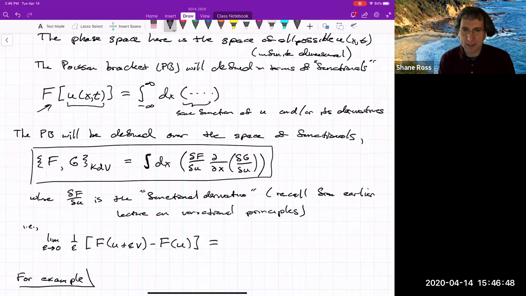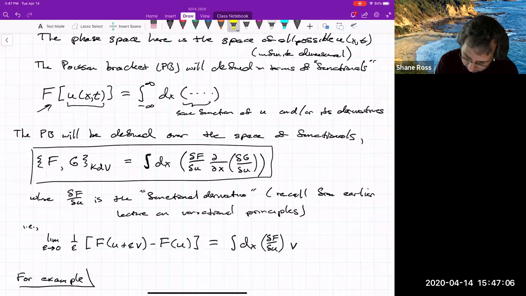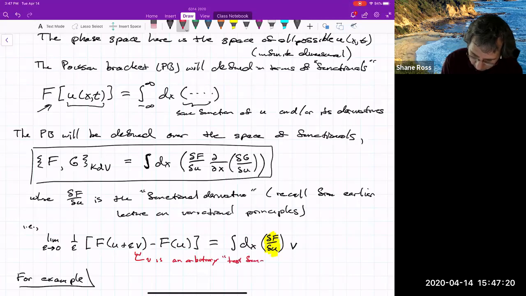If you take that limit, you will be left with something that looks like the integral of something times the test function v, and that something is the functional derivative. So that defines it, where v is an arbitrary test function. This procedure defines the functional derivative.